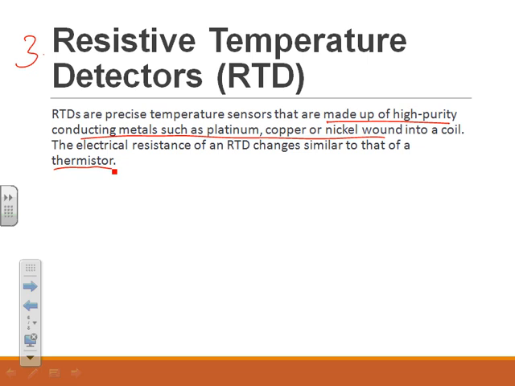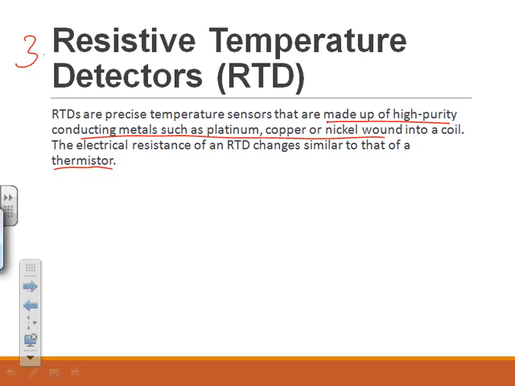The difference is that here a pure metal is used, whereas in a thermistor an alloy or metal oxide is used. Comparing RTDs and thermistors, thermistors are more widely used, but the measuring temperature range is greater in RTDs than in thermistors.